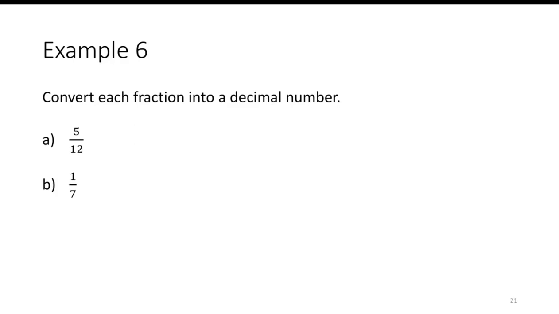So 5/12. I would start with 5 and divide it by 12. And you keep going until you see a pattern. So 12 does not go into 5, but 12 goes into 50 4 times. That'd be 48 with 2 remainder. 12 goes into 20 once.